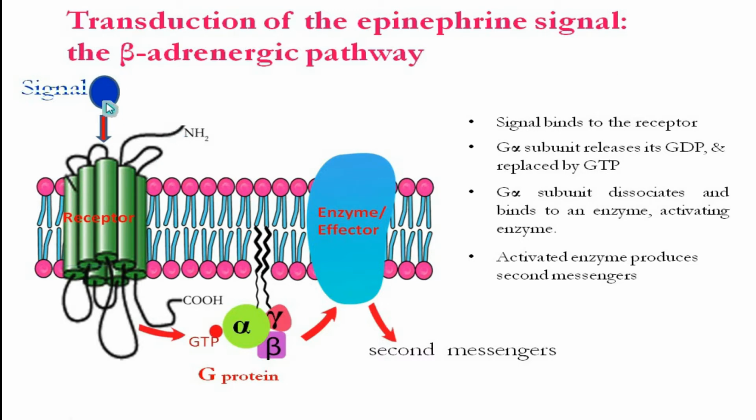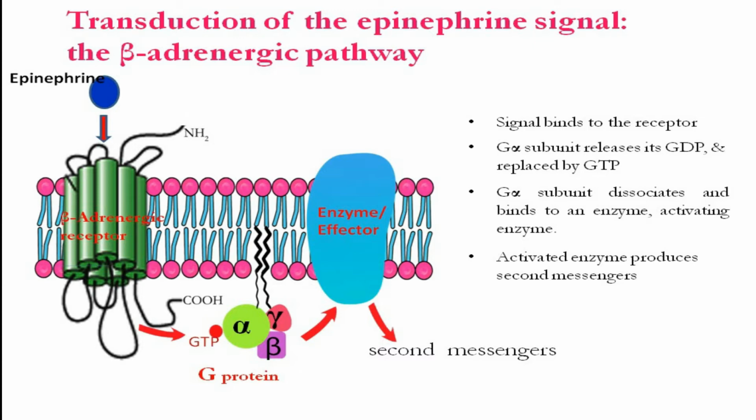Here, the signal is epinephrine. Epinephrine binds to the receptor. Here, the receptor is the beta adrenergic receptor. Where are beta adrenergic receptors normally located? On muscles, liver, and adipose tissue.